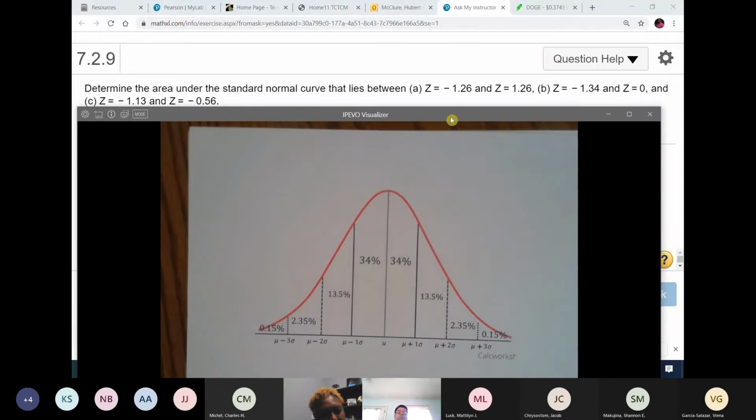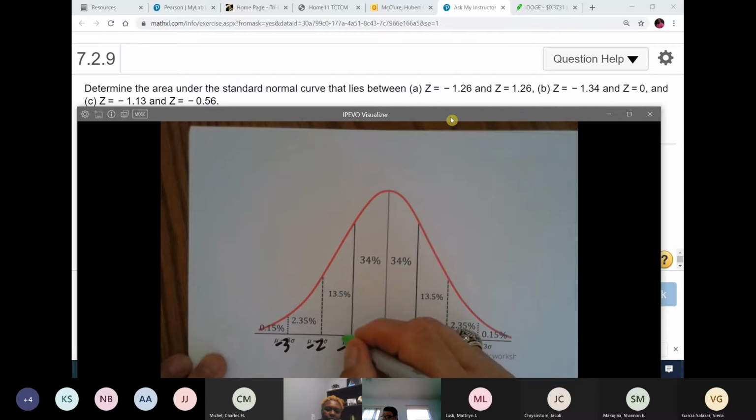So 0, 1, 2, 3, -1, -2, -3, and -1.26, and it's right about here.